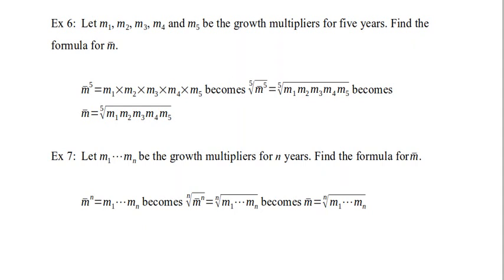So this is basically the exact same procedure, just the operations are increased by 1 order. So instead of adding up the m's, we're multiplying the m's. Instead of dividing, we're taking the root. Remember, division undoes multiplication. The root undoes exponentiation. So there's our formula for the geometric mean, the average rate.